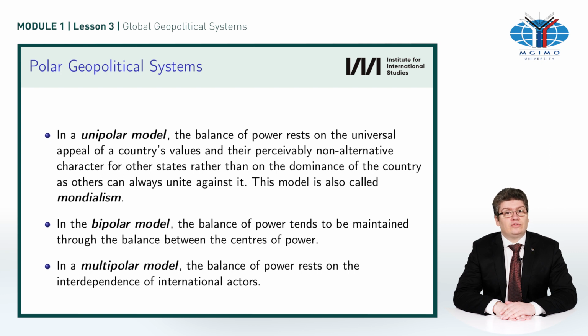However, the basis for the balance varies. In the unipolar model, the balance of power rests on the universal appeal of a country's values and their non-alternative character for other states, rather than on the dominance of the country, as others can always unite against it. This model is also called mondialism.